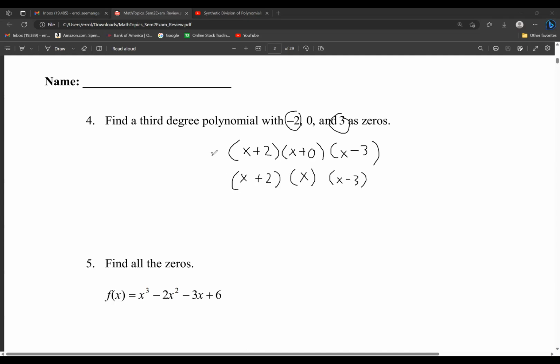Okay, so we can write that equals like that. So just distribute the second and the third first. We'll leave the first one for the time being. What's on the inside of those two? Distribute those. X times x is x squared, and then what's the second term? Minus 3x, right?